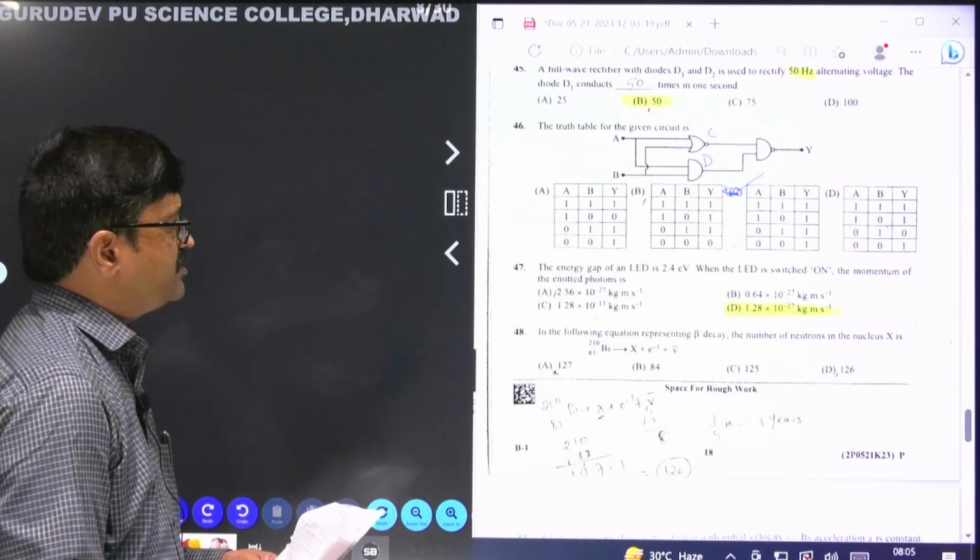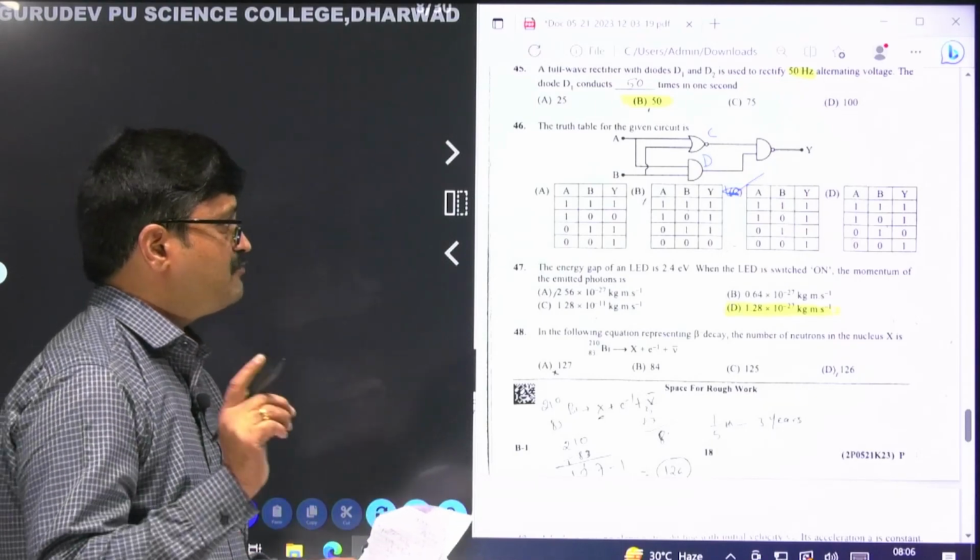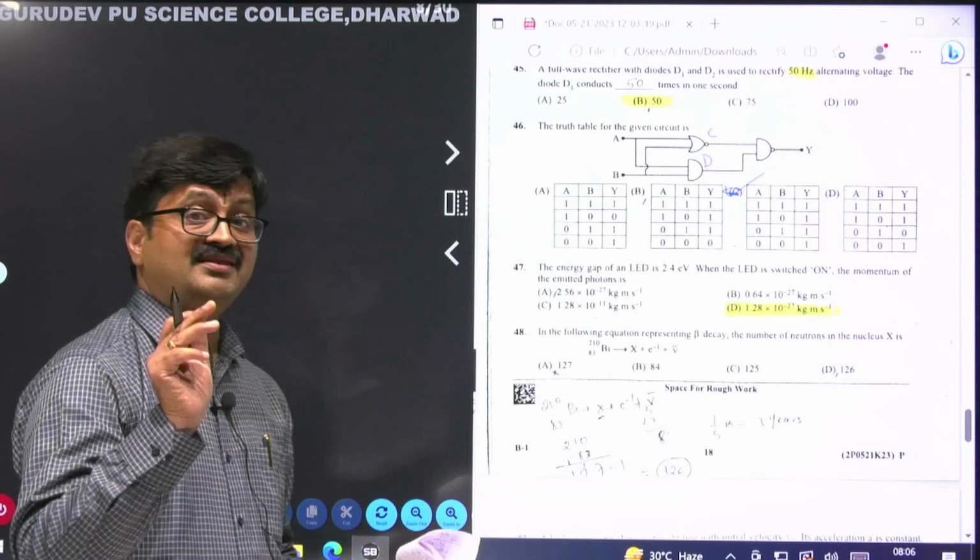In the following equation representing beta minus decay, the number of neutrons in the nucleus X is?